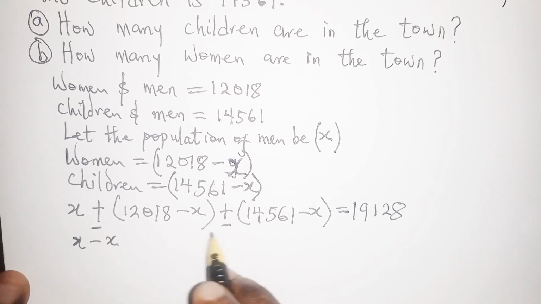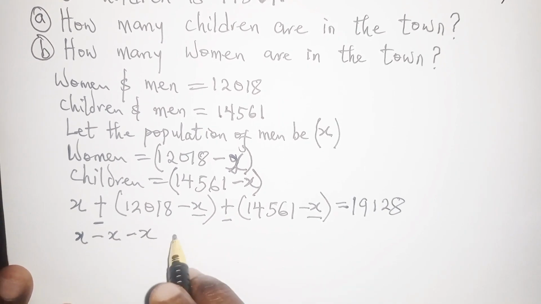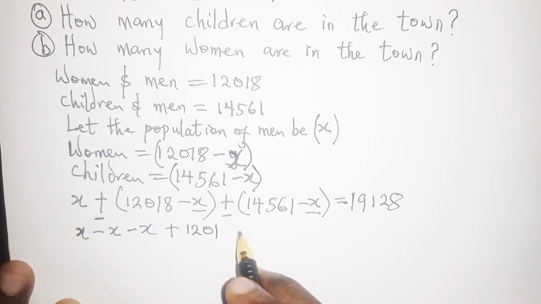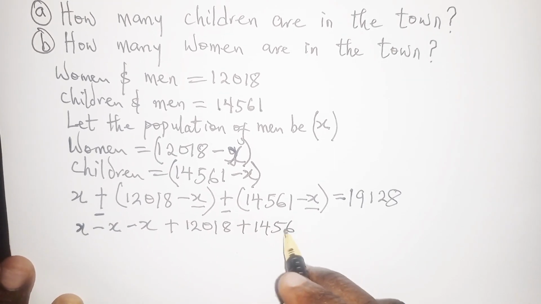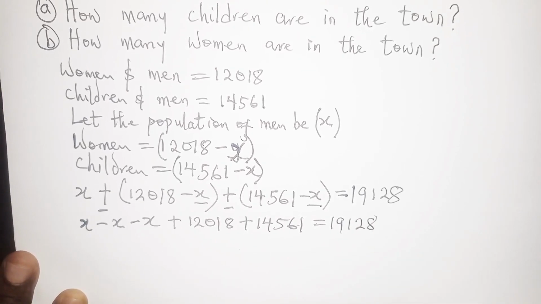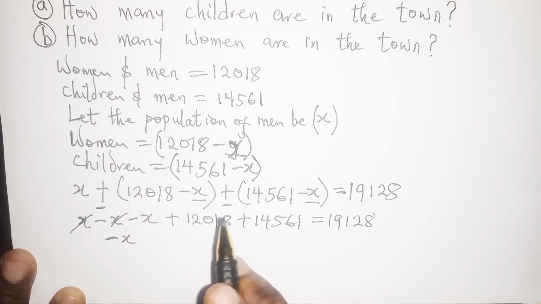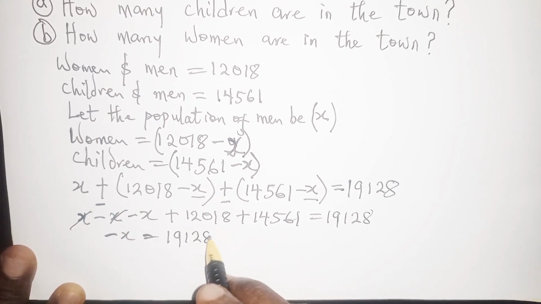X minus this X, simply plus 12,018 plus 14,561 equals 19,128. Now this X goes off. I'm left with minus X equals 19,128.